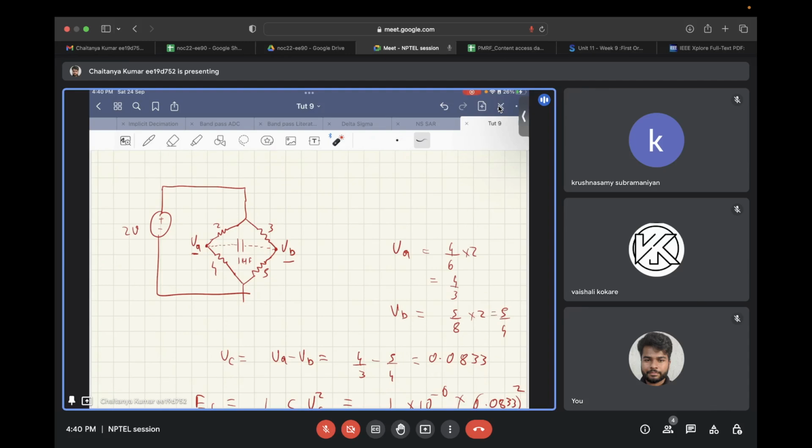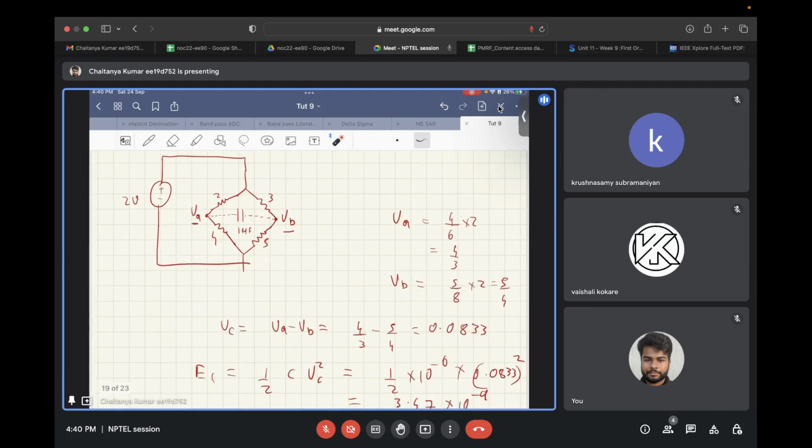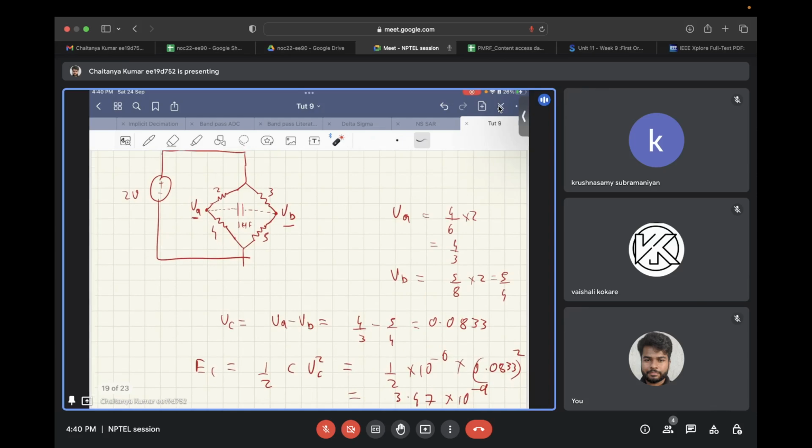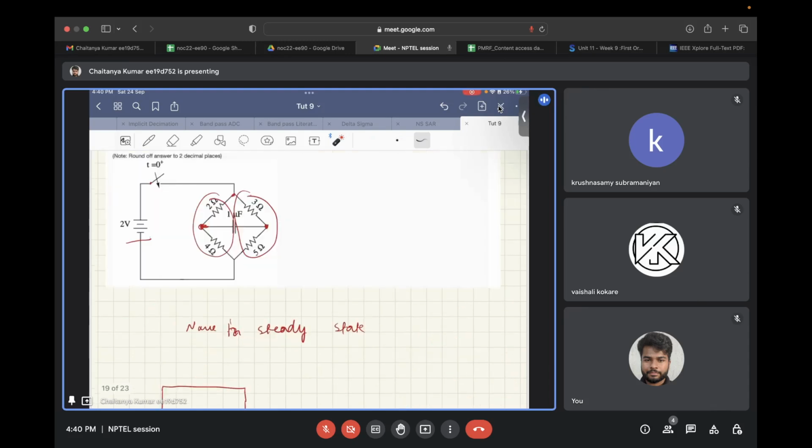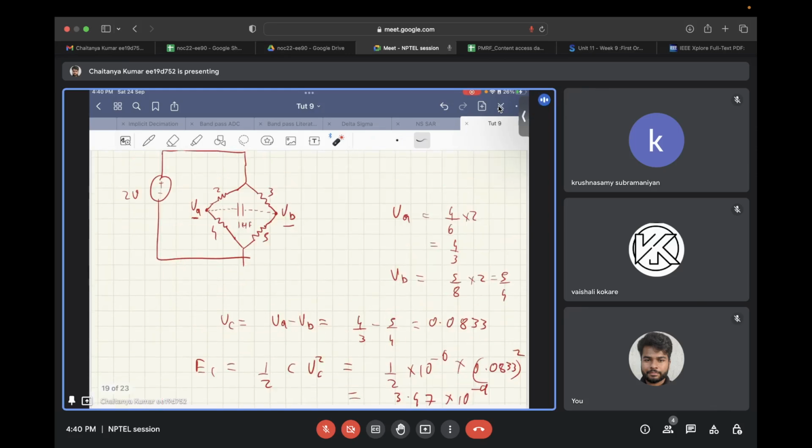In decimals, it's 0.0833. And the energy that is stored in the capacitor is half C V squared. The value of capacitance in the question is given as 1 microfarad. So it's half into 10 to the power minus 6 into the voltage across the capacitor squared.